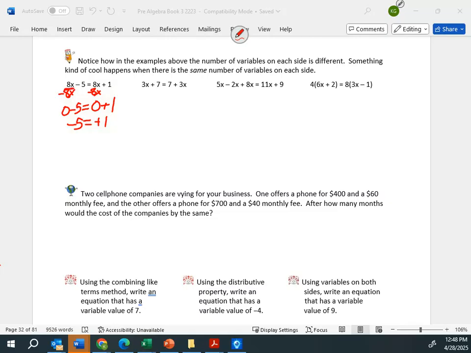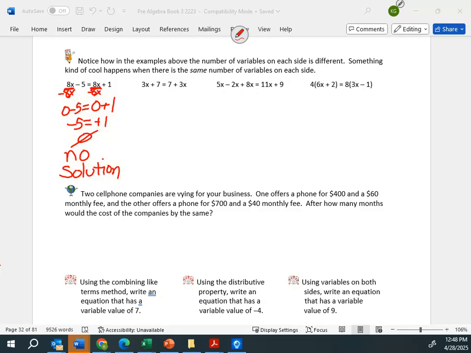So when you have the same amount of variables on both sides, we get down to negative 5 equals a positive 1. You do that 0 with a line through it, which means no solution. It's only a no solution if we have the same number of variables on each side.